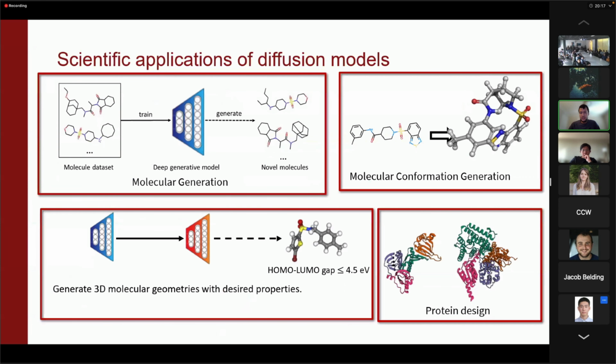There's been a lot of excitement around using generative models, and in particular diffusion models, for generating new molecules. You can train a generative model on a database of molecules, and you can get the system to generate new ones. Again, you can do controllable generation. In this case, we're not controlling through captions, we're not controlling through sketches, we're controlling maybe the kind of properties that the molecules we want the system to generate should have.